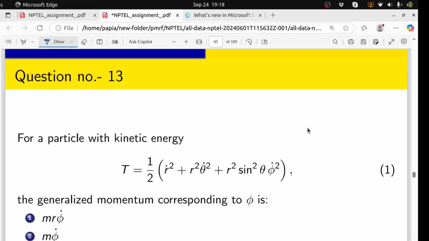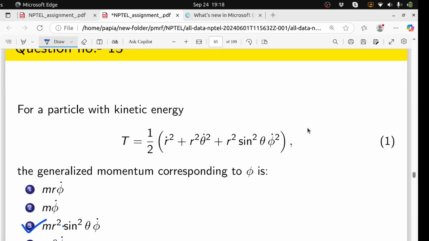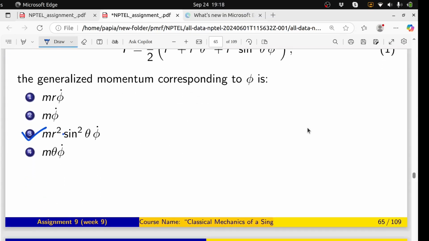Okay, so for this case we have taken just a particle with kinetic energy T equal to half m (r dot square plus r square theta dot square plus r square sin square theta phi dot square). The generalized momentum corresponding to phi is m r square sin square theta phi dot.